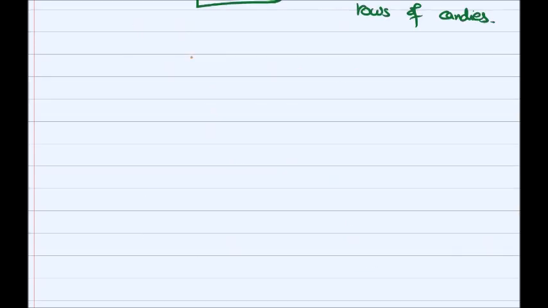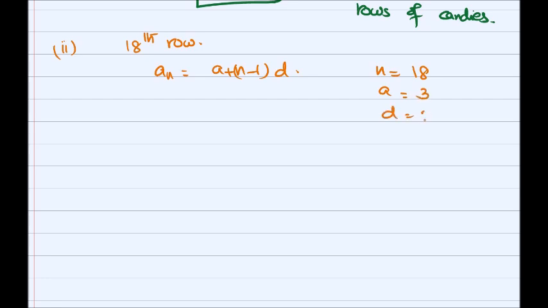The second question is, how many candies are placed in the last row? Total 18 rows, so the last row is the 18th row. an is equal to a plus n minus 1 into d. Here n is equal to 18, a is equal to 3 and d is equal to 2.